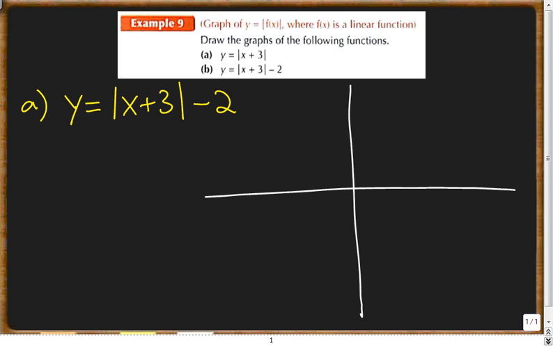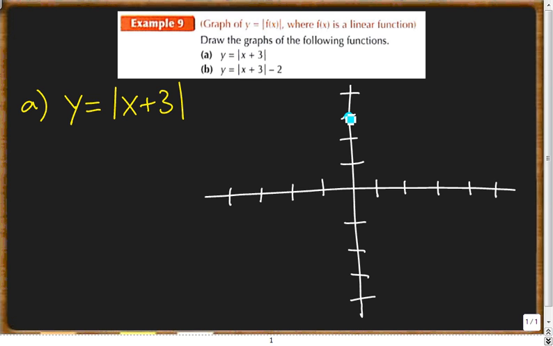If we had the graph of, or excuse me, the A is the absolute value of x plus 3. So we want to graph x plus 3, or think about the graph of x plus 3 first. So if we were to start, we have the graph of x plus 3.